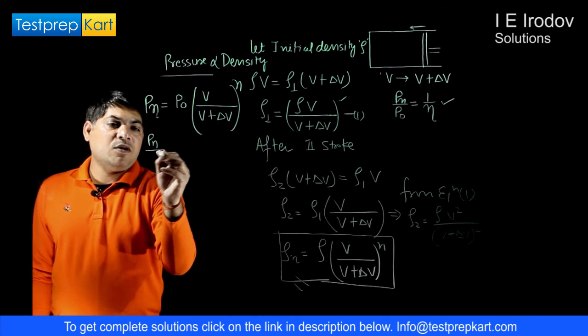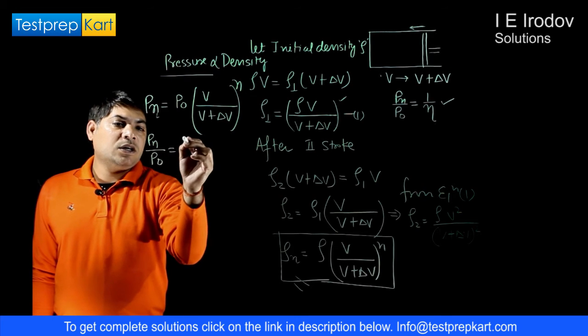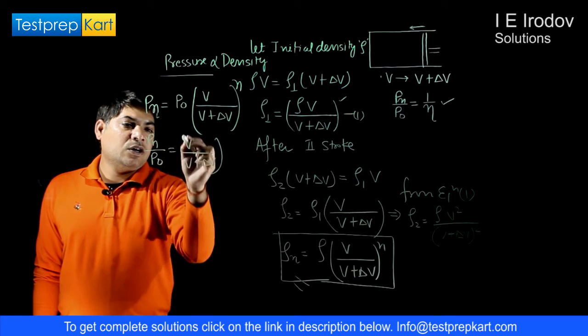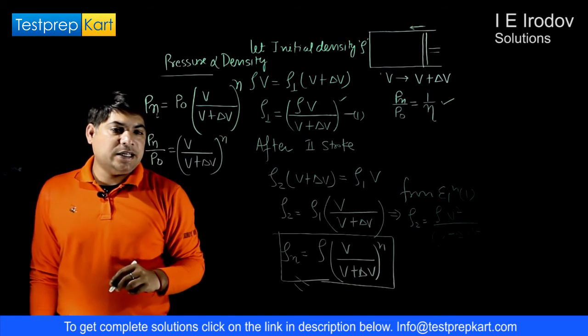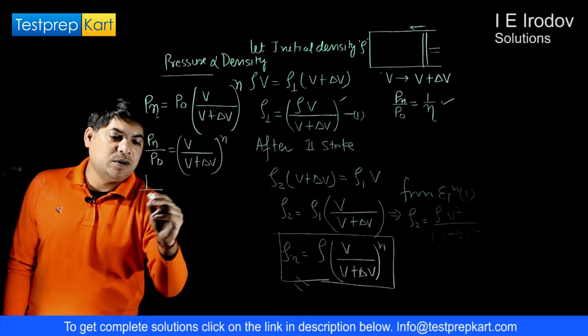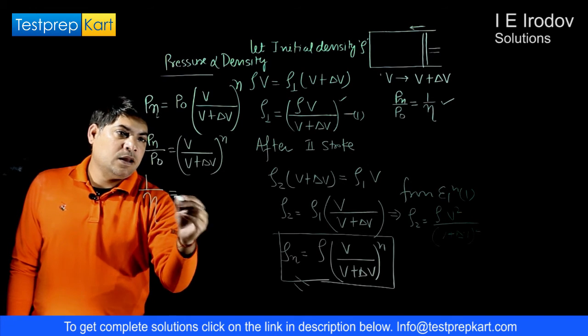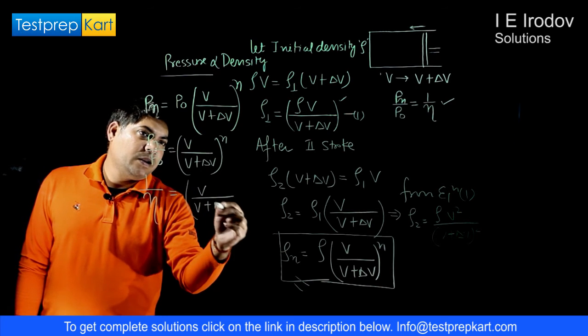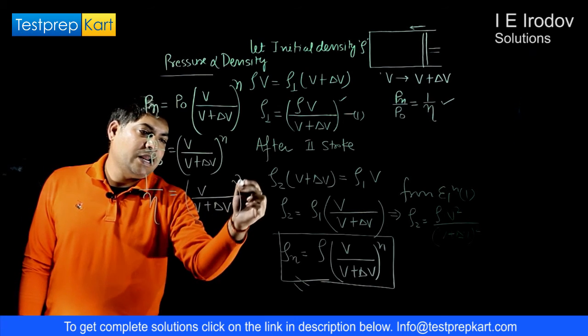So Pn over P naught is equal to V over V plus delta V to the power n. Now we know this Pn over P naught is given as 1 over eta. So 1 over eta is equal to V over V plus delta V to the power n.